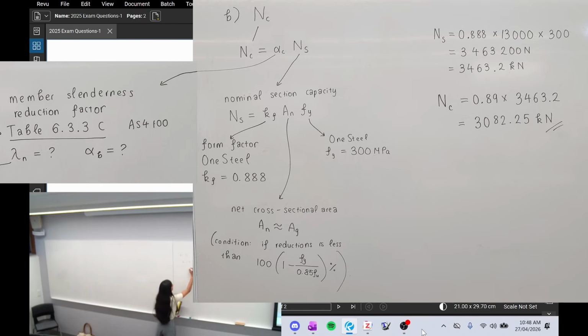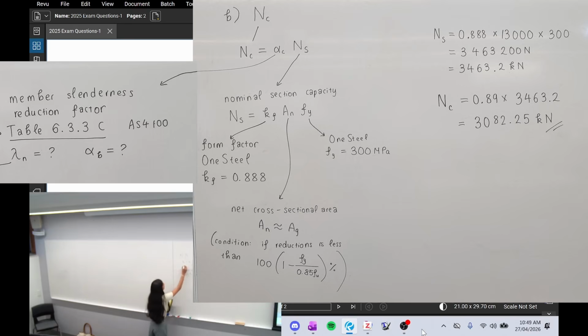N subscript S, what that means is this is called your nominal section capacity. And this one has a formula of its own.